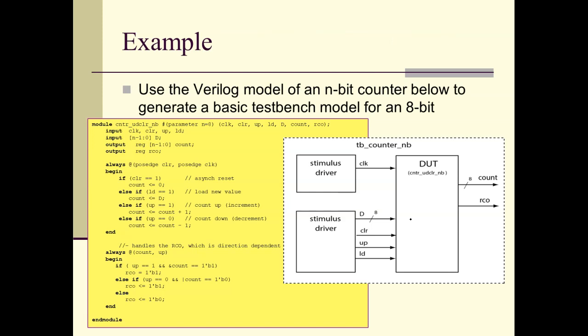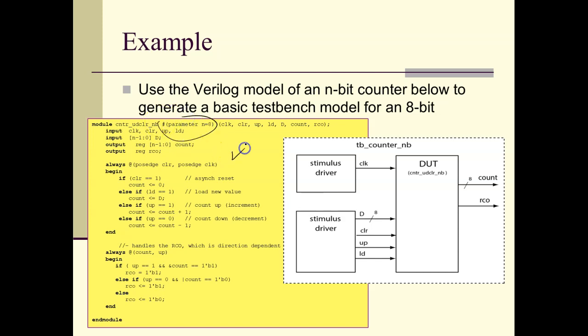This is our example problem. We'll do one example here: testing an n-bit counter. We want to make it an 8-bit counter, which means we're not going to override this parameter right here.